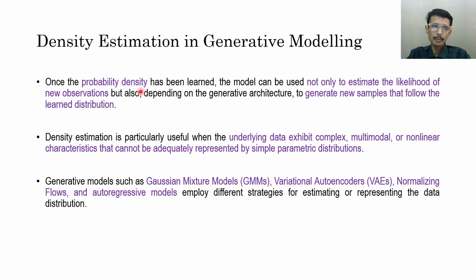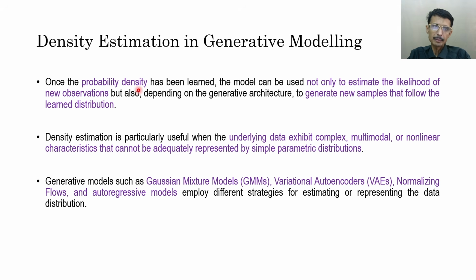Now, once the probability density has been learned, the model can be used not only to estimate the likelihood of a new observation, but also, depending on the generative architecture, to generate new samples that follow the learned distribution. And that's why it's generative.